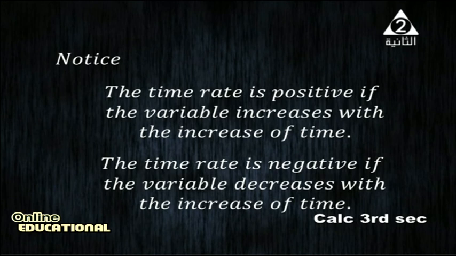The related time rate between two variables: if we have the relation between A and r, then dA/dt equals 2π r dr/dt. If the rate is positive, then the variable increases. If the rate is negative, then the variable decreases.